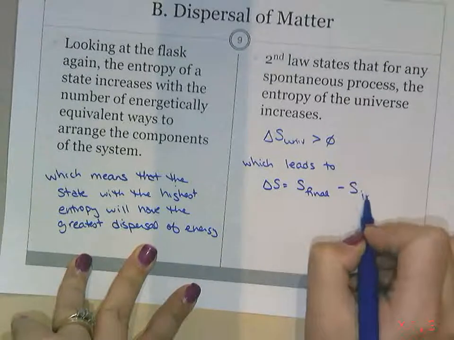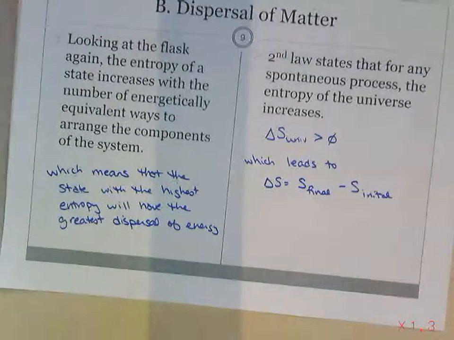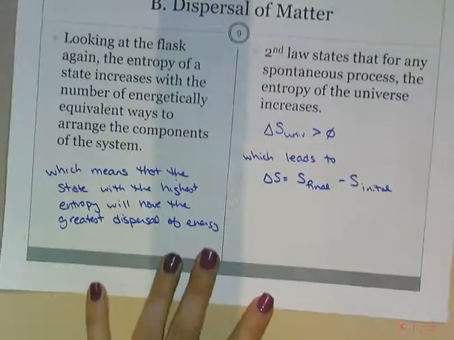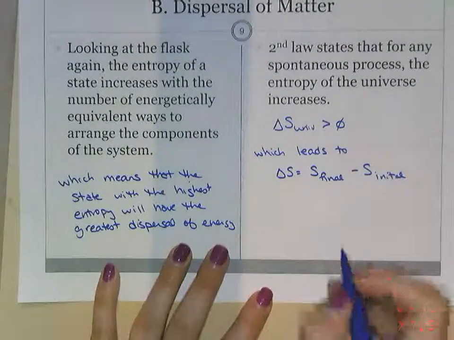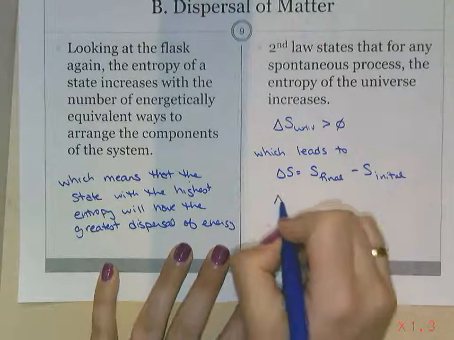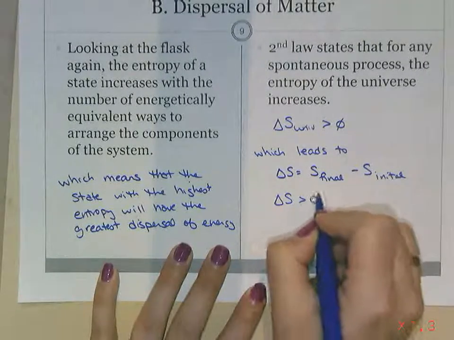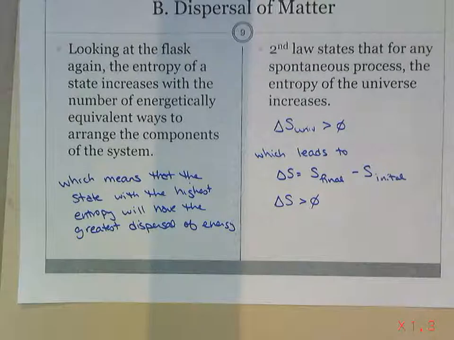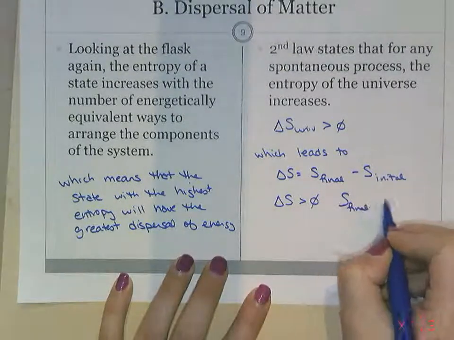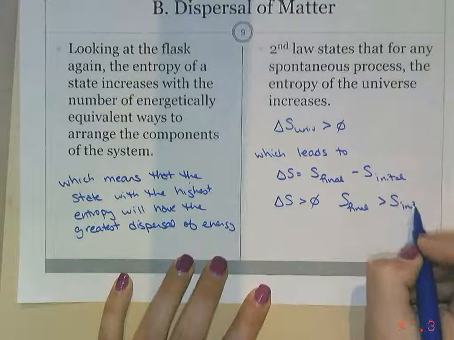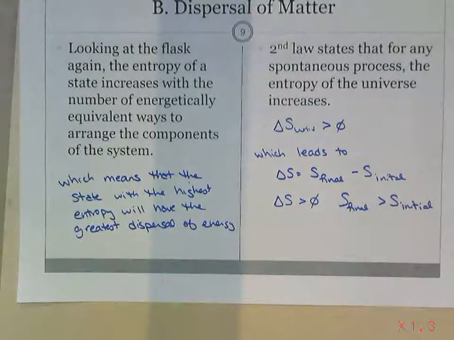So if we have S final minus S initial, if I want delta S to be greater than 0, which one has to be the larger component, the final or the initial? For that to be true, the final has to be greater than the initial, otherwise you end up with a number less than 0.